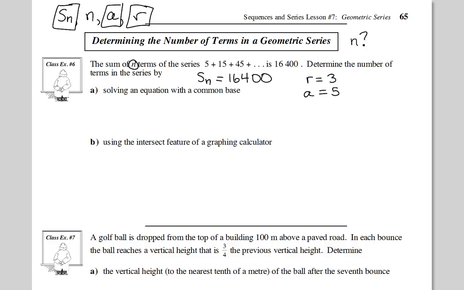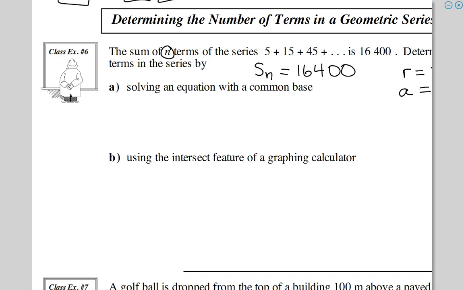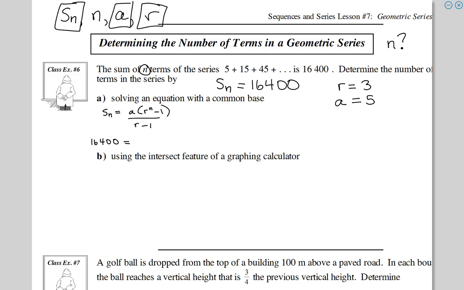Okay, so let's plunk into our formula. Sn equals, I keep forgetting this formula, A times r to the n minus 1, over r minus 1. Okay, let's plunk in what we know. 16,400 equals A being 5, r being 3, 3 to the n minus 1.